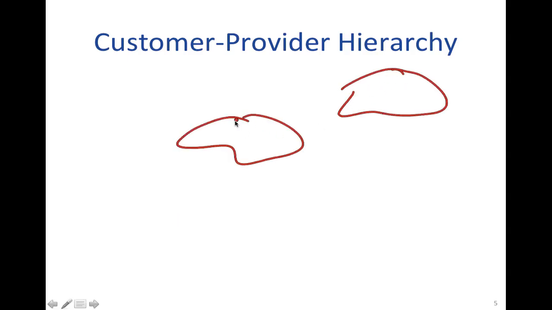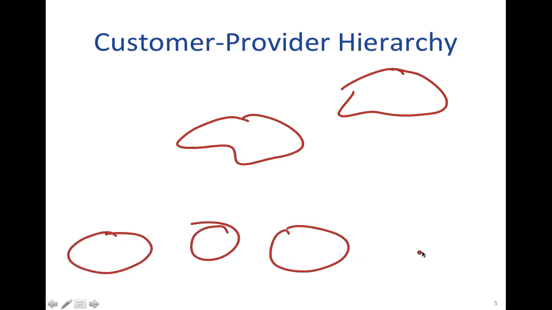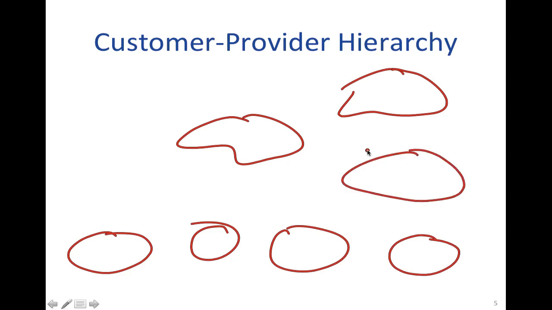So this hierarchy of customers to providers continues. So if we have multiple ASs, let's draw some ASs here and some down here. These could be the access ASs that we saw before. Then this relationship between them of provider towards customer could go like this.